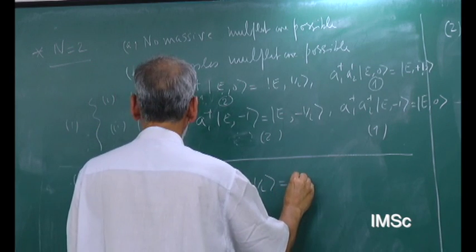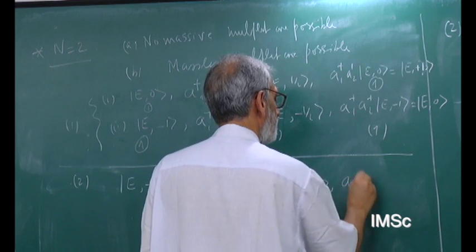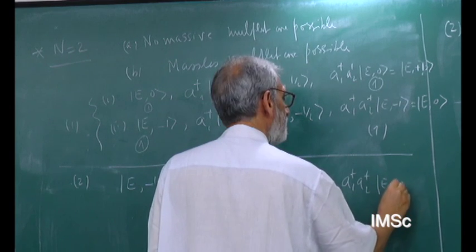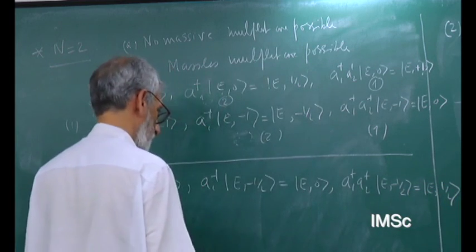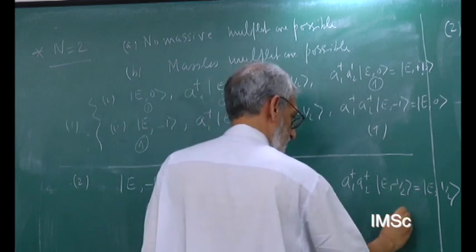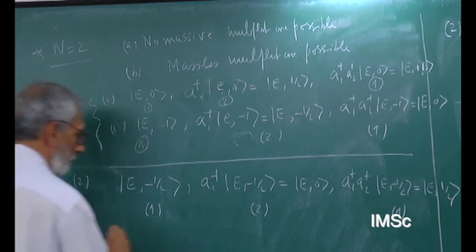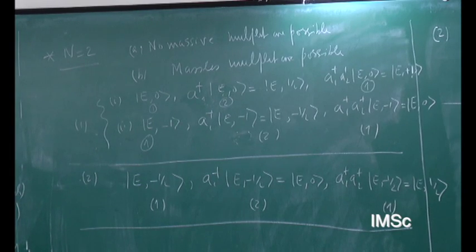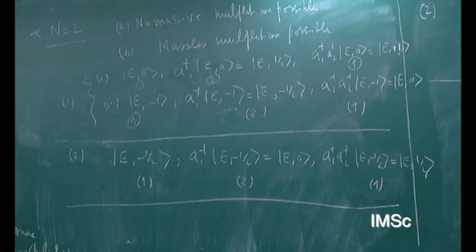This will increase the helicity. This is 1, 2, 1. For N equal to 2, there are 2 states. But N equal to 4, there is only 1.